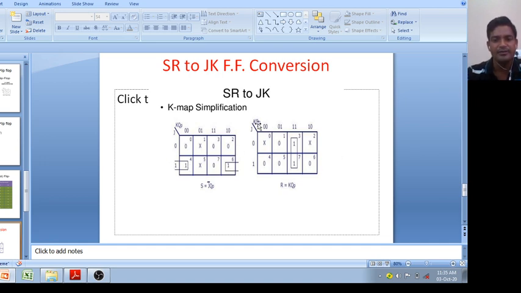Just write down in the K-map all the minterms and don't care terms, and when you solve, there is only one pair. You can leave these don't care terms. S equal to J Qn bar, and similarly when you solve this, R equal to K Qn. Again one pair.